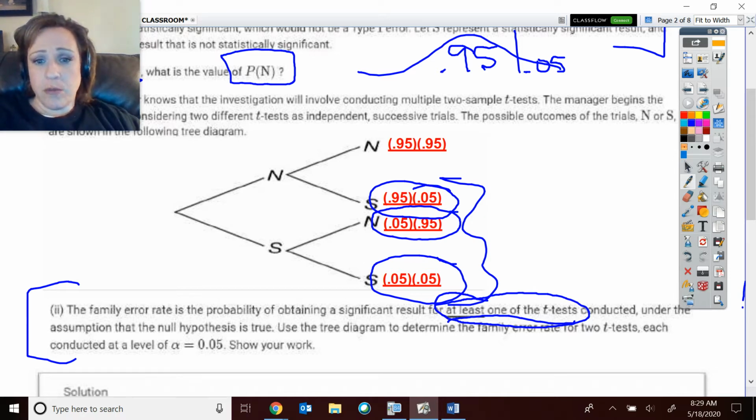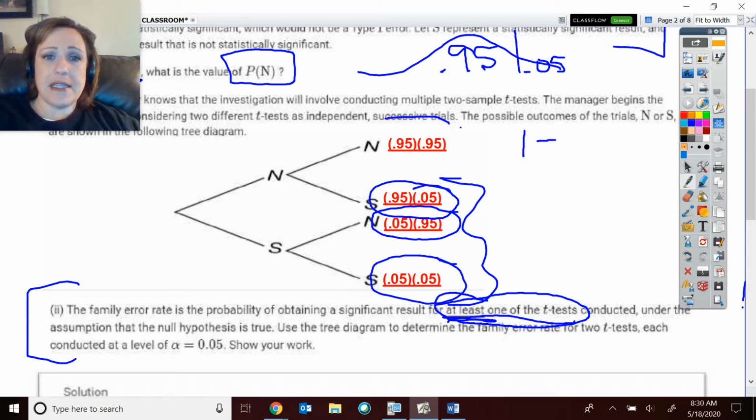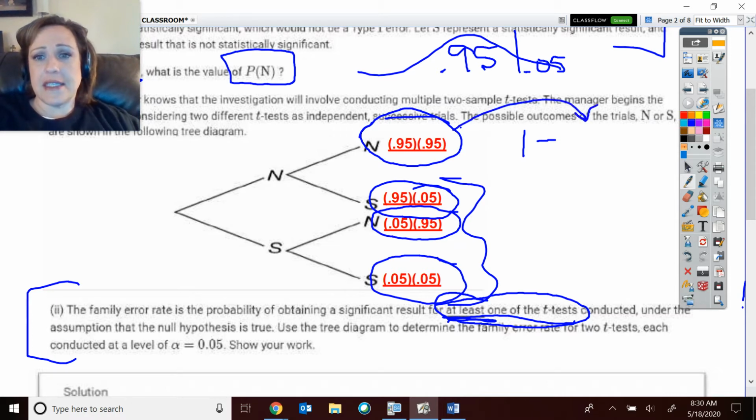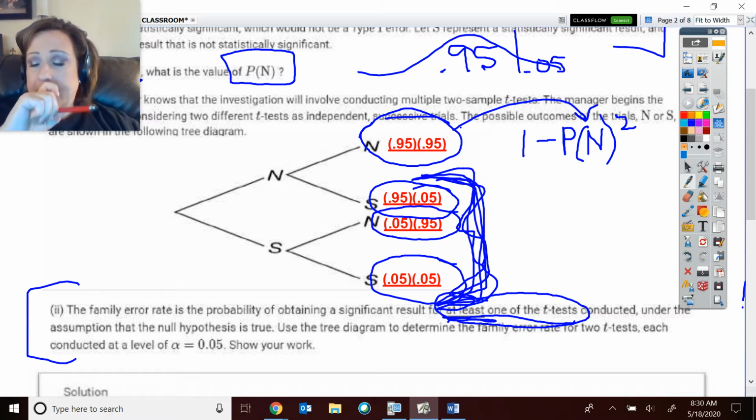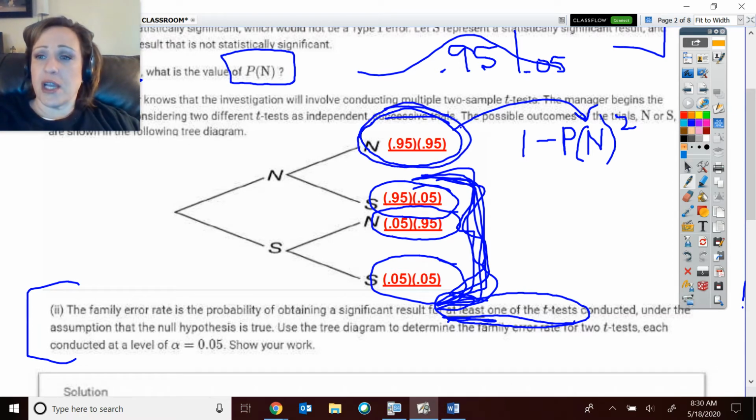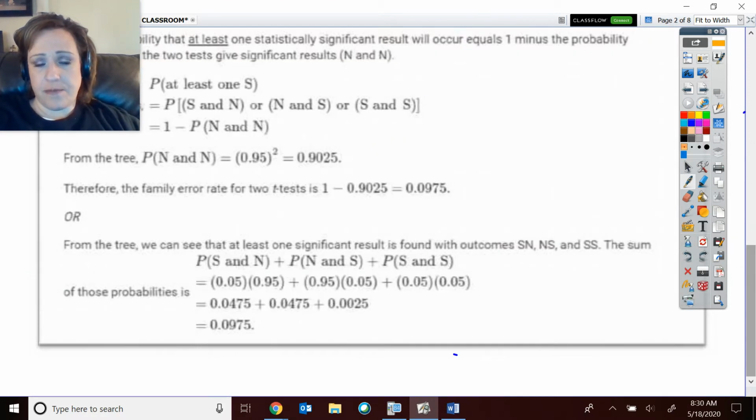So you remember the probability of at least one is 1 minus the probability that neither one of them was statistically significant. So your computing options for this would be to either add up these 3 down here, where one or both are significant, or just do this 1 minus both of them not being statistically significant.